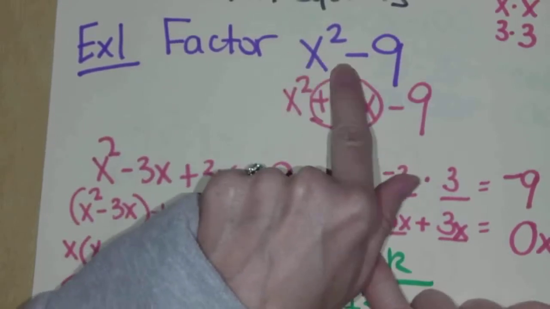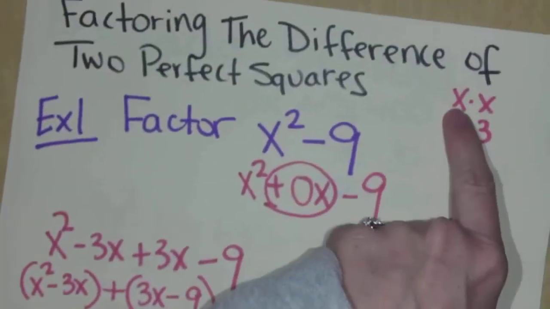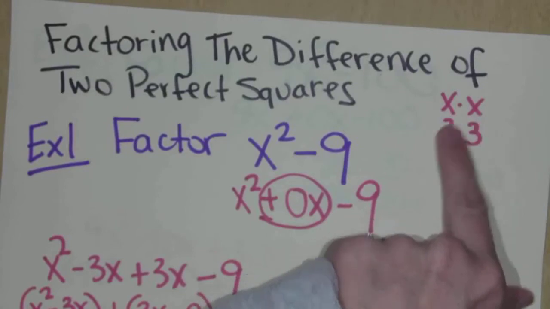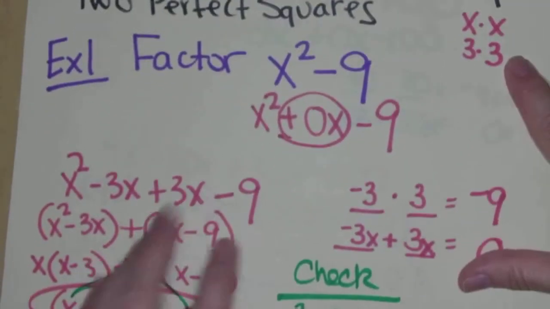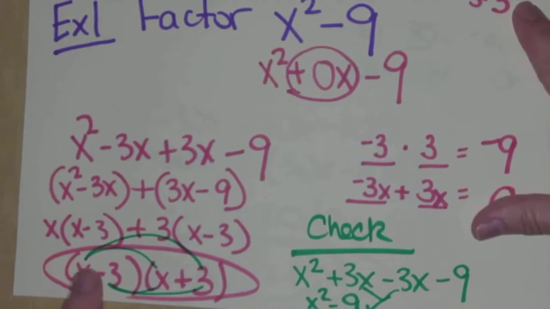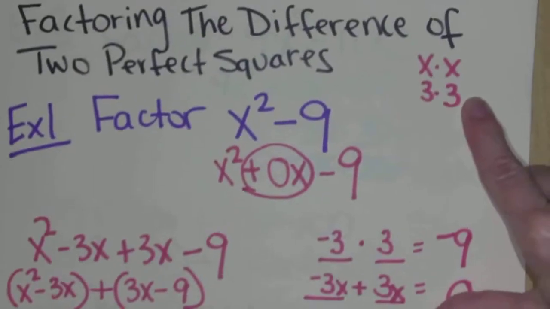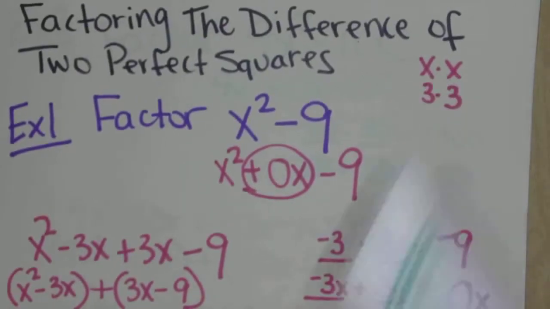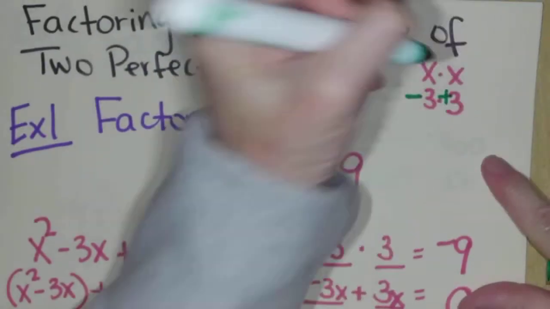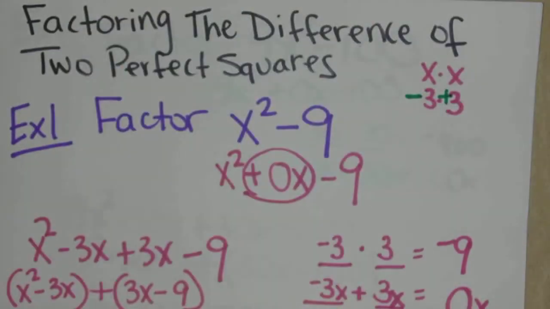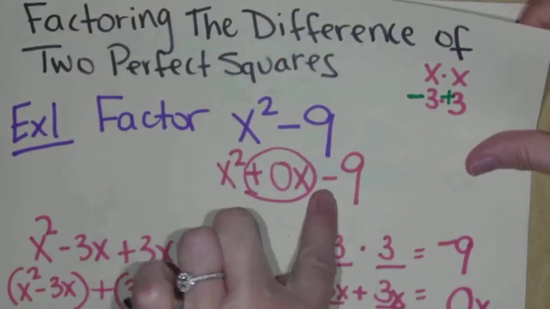Well, you knew the x squared was x times x, and you knew the 9 was 3 times 3. Look at that, and then look at my final answer. x minus 3, x plus 3. 3 being the square root of 9.